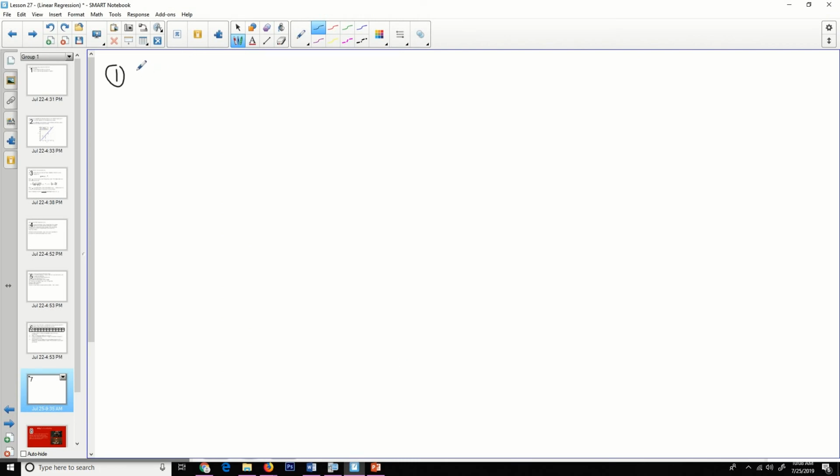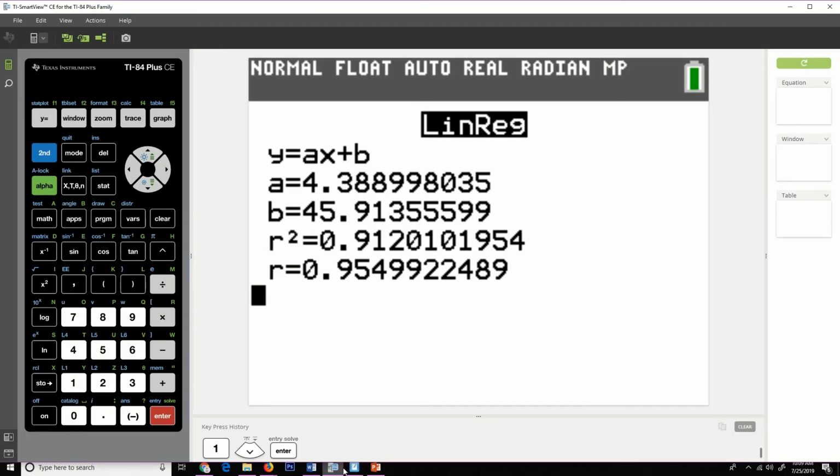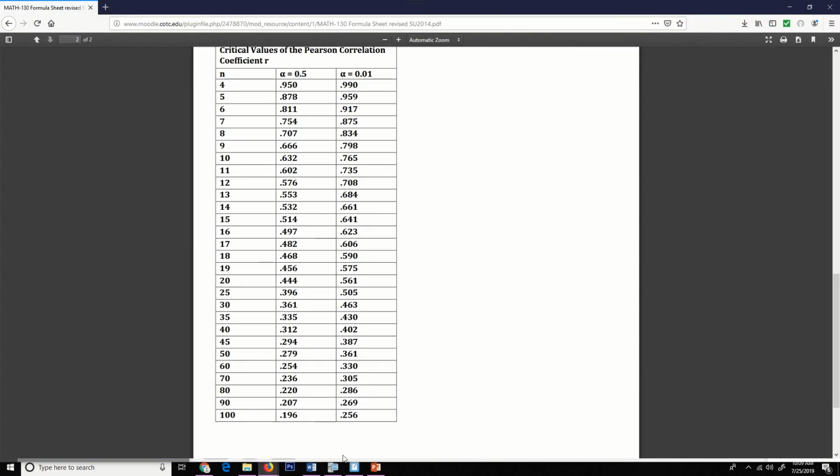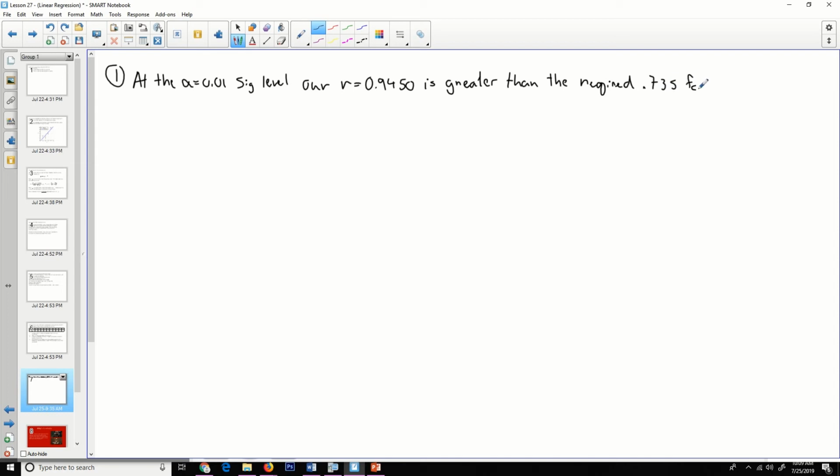So at the alpha equals 0.01 significance level, our r equal to 0.9549 is greater than the required 0.735 for 11 items.